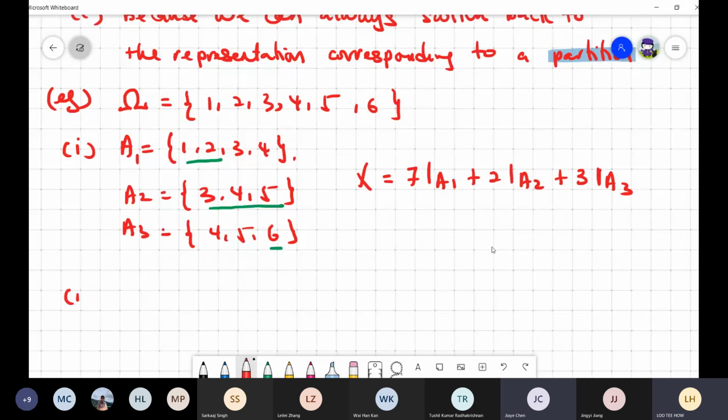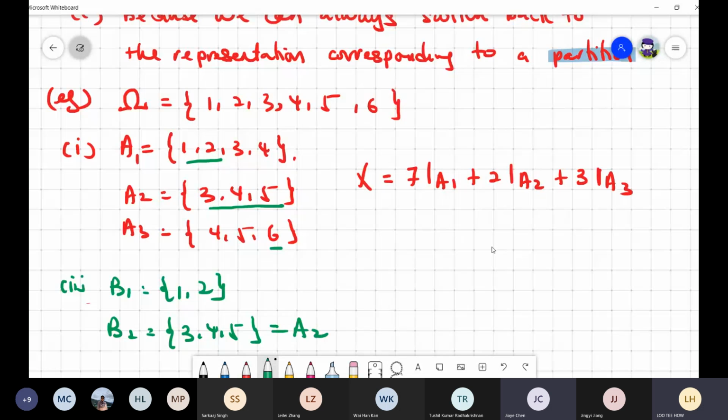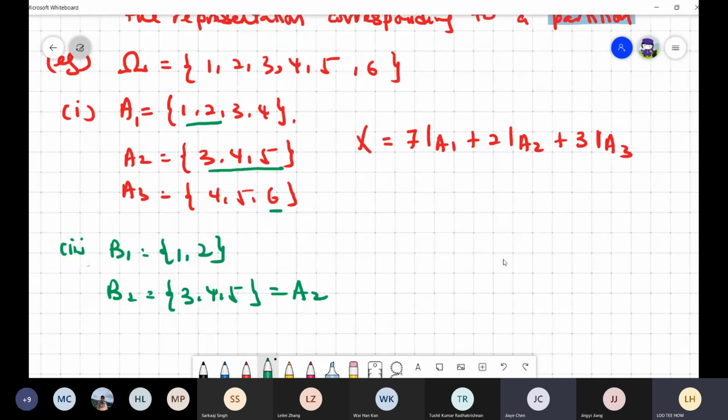So another representation: take B1 to be 1 to 2, and B2 to be 3, 4, 5, which is exactly the same as our A2, and B3 to be 6. You can see B1, B2, B3 are disjoint, so these three form a partition.